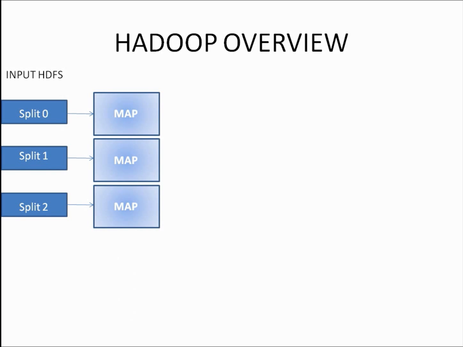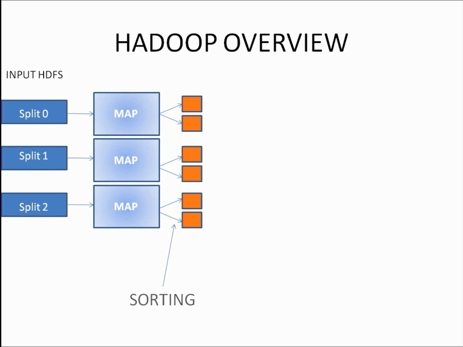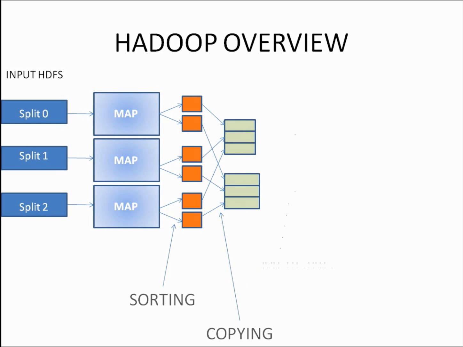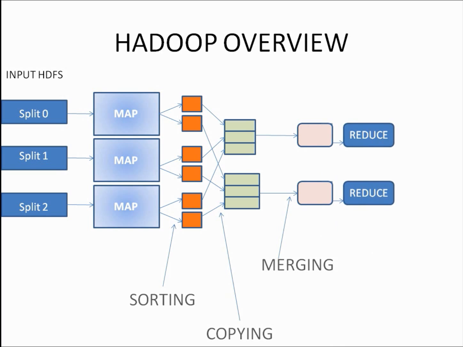Mapper further distributes it into smaller processes. It is sent to the processing. After processing, sorting, grouping, it is sent after merging to the reducer. And the reducer, after compressing and transforming it, sends it to the output file.